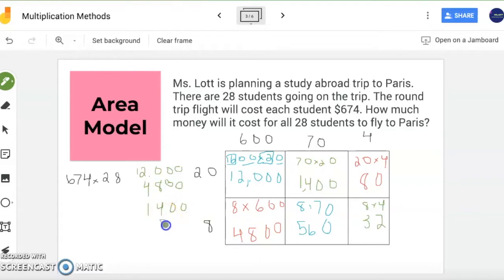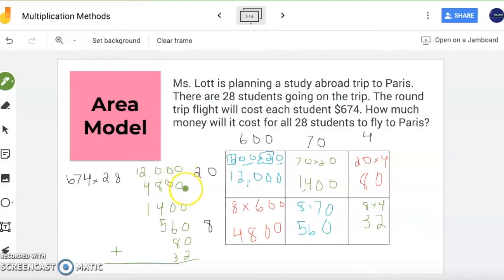And then I have 560. And I have 80 and 32. So you can take this in 2 steps if you would like. I've had students in the past add 12,000 and 1,480 together, and then the bottom row, and then combine them together. That's fine as well.